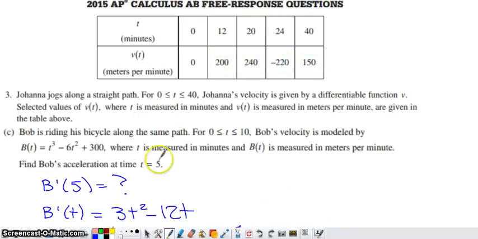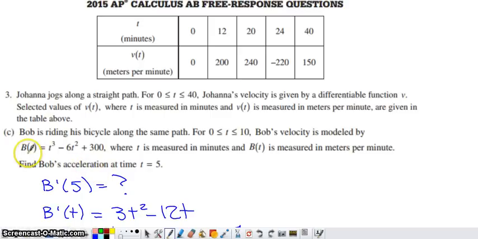In part C, it says another person, Bob, is riding his bicycle along the same path. From 0 to 10, his velocity is modeled by this function. T is measured in minutes and B of t is measured in meters per minute. We want to find Bob's acceleration at t equals 5. So what you have to recognize is that acceleration is the rate of change of velocity, or the derivative of velocity.